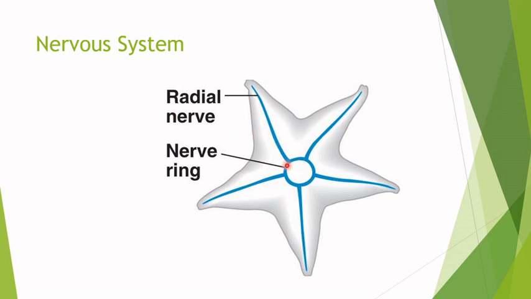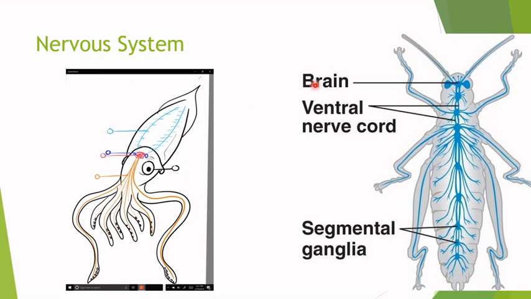The nerve ring is typical of invertebrates, around the mouth, and very typical in animals that have radial symmetry like echinoderms, and basically it is a ring of nerves that goes around places where they need more sensitivity. And then we've got the ganglia.